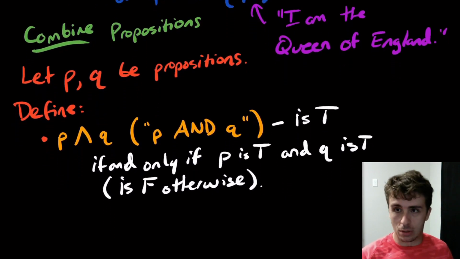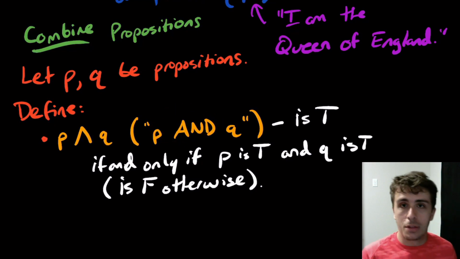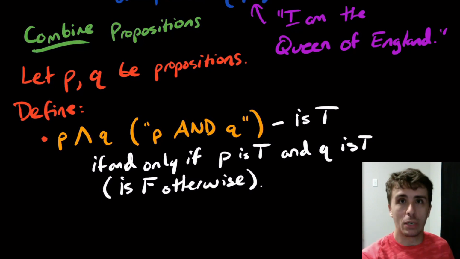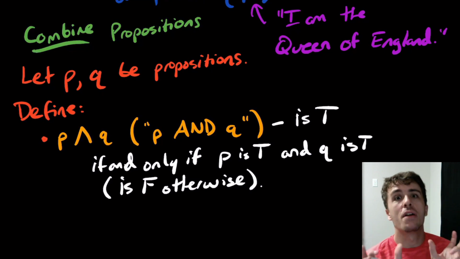So we're saying here that the only way that this proposition can be true is if P is true and Q is also true. And that makes sense, right? If you have something and something else and you want it to be true, both of the two halves have to be true.